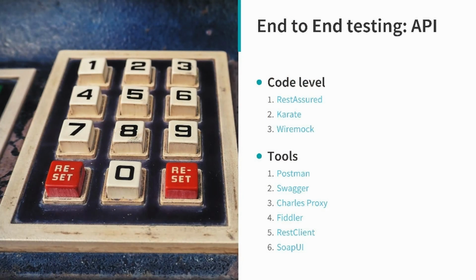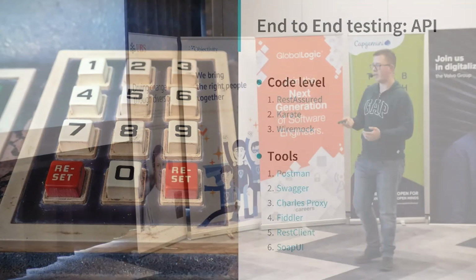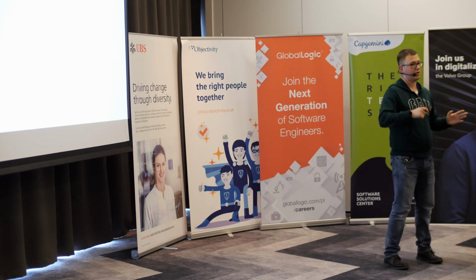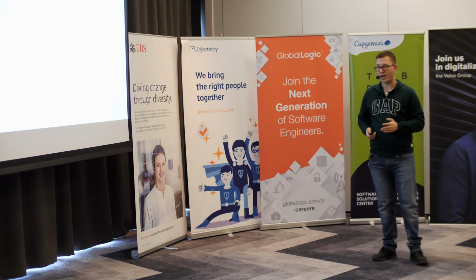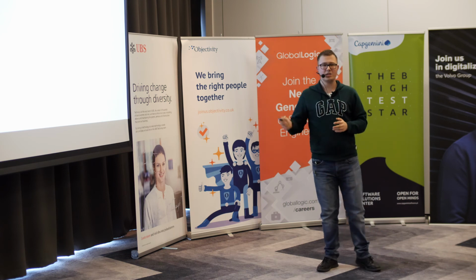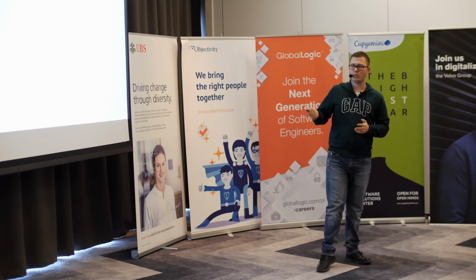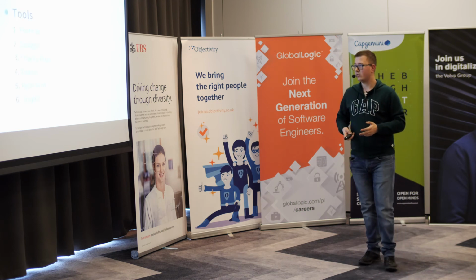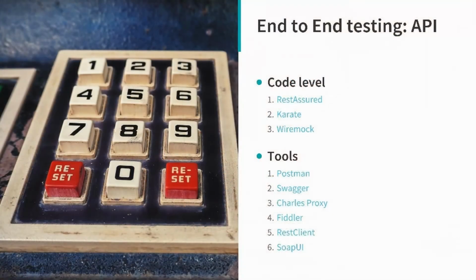What else? You should cover your system as a whole using API tests and UI tests, of course. It depends on the application, but in most cases you should cover both API and UI. And in this area there are tools and techniques that are more or less covered. You can use libraries like Rest Assured or the Karate framework for automating API tests.